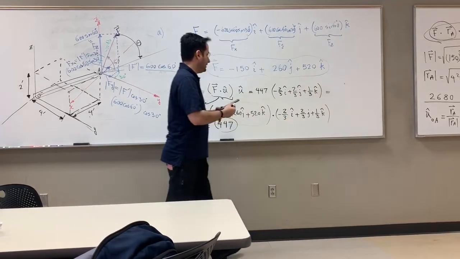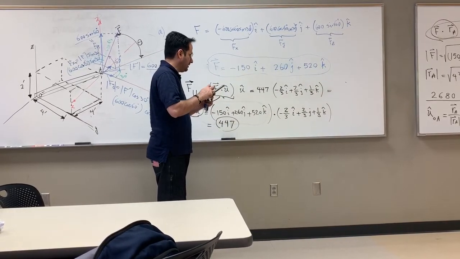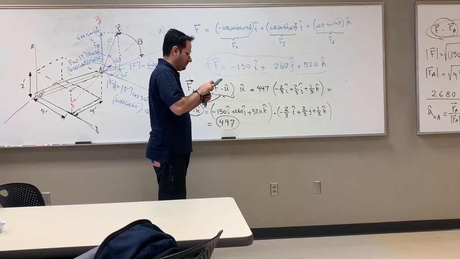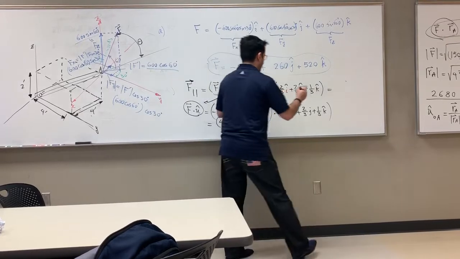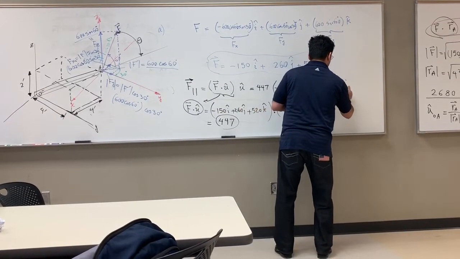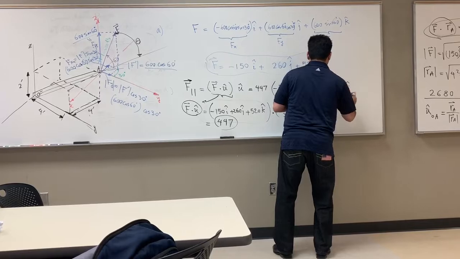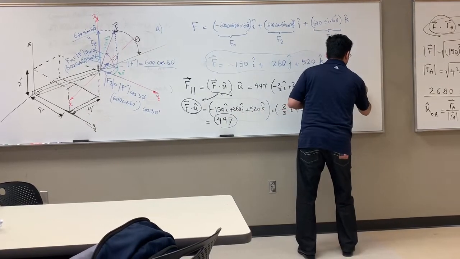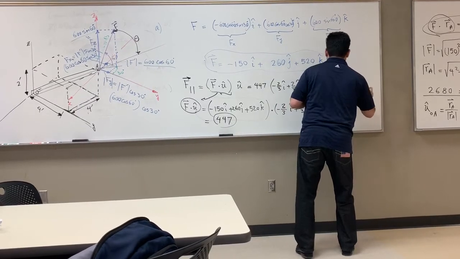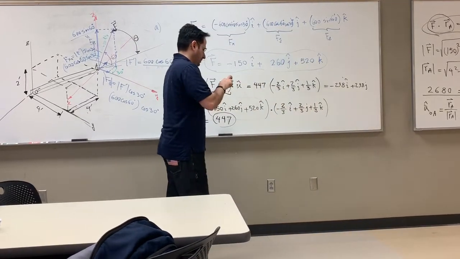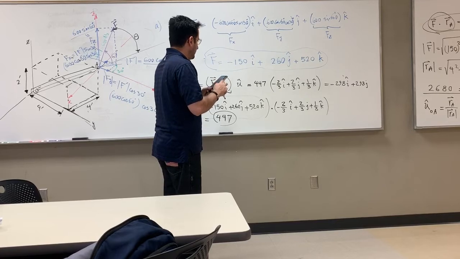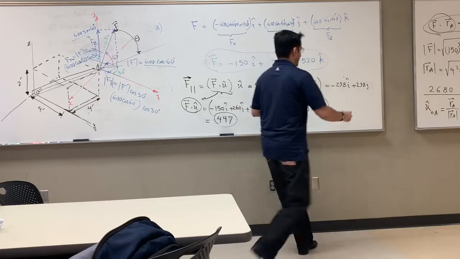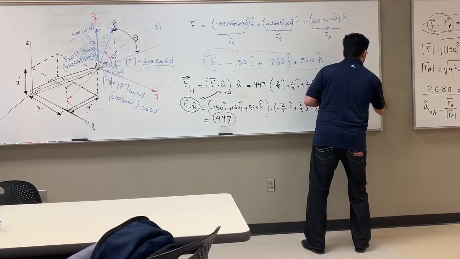And that becomes finally negative 298i plus 298j plus 149k.